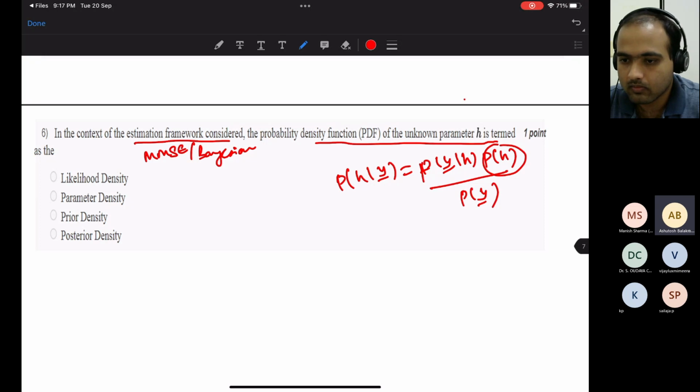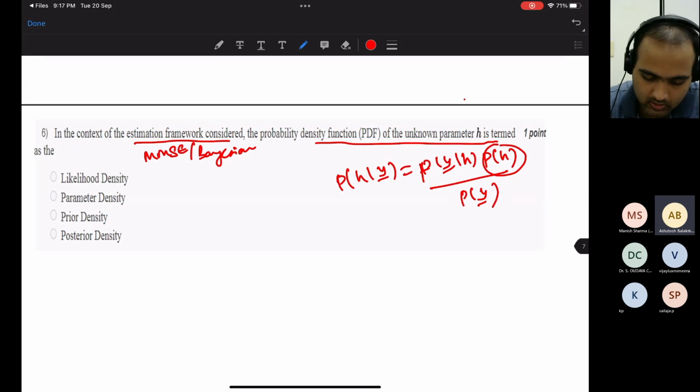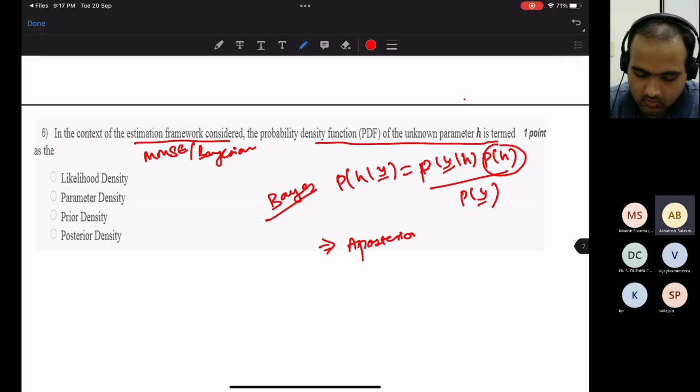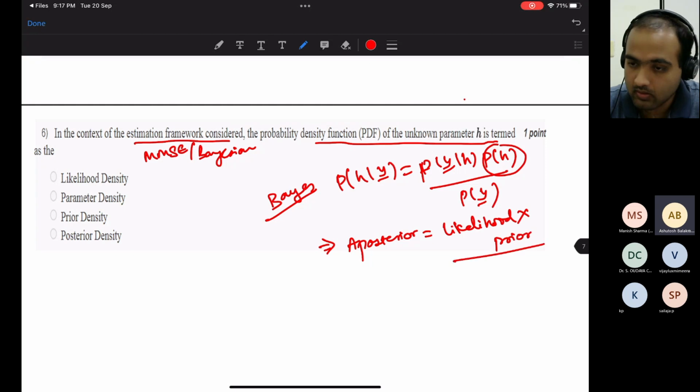Okay, I'll just recollect this. This is the Bayes rule, right? So the a posteriori is the likelihood times the prior divided by p of y, which is for normalization.